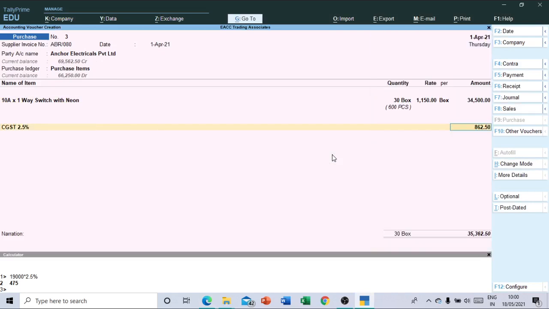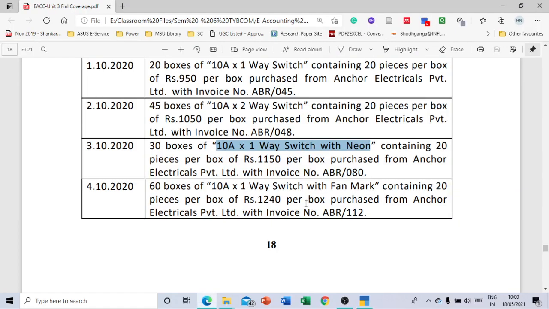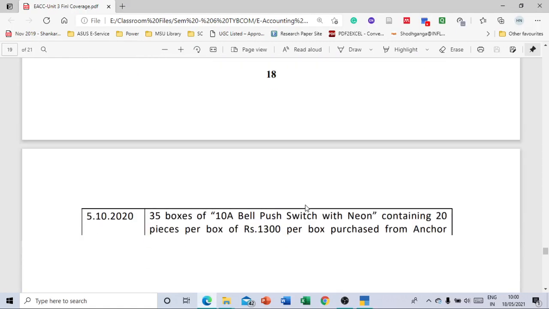So let's take the CGST, let's take the SGST, okay. Then I will just give the invoice number ABR 080 and the date I can write down 2020. This is my sales entry. In the same way you can do the rest of the entries.